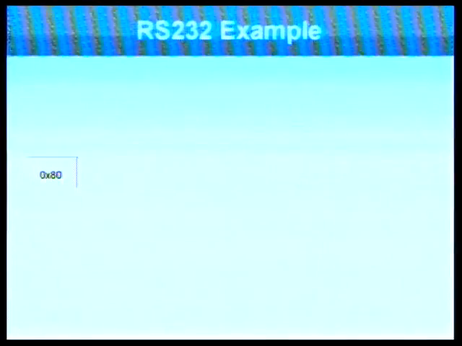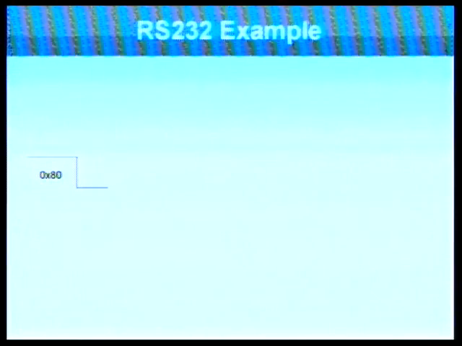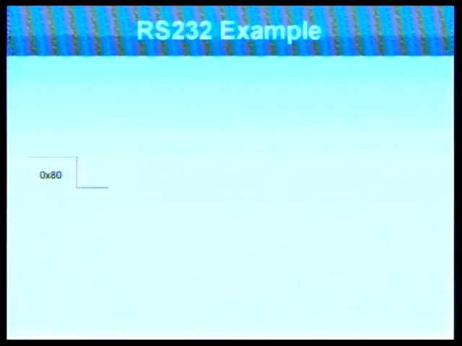So each packet begins with a single start bit, then the least significant bit comes first. You work your way up to the most significant bit, and then you have a single even parity bit followed by a stop bit. So considering the example of 0x80, it begins by a fall to a mark. The mark lasts 1 space, and then we have spaces for the individual data.